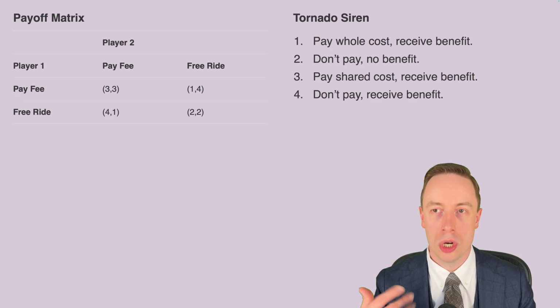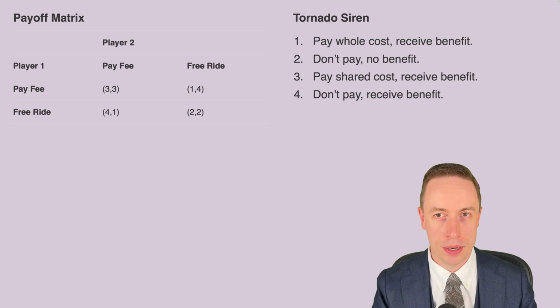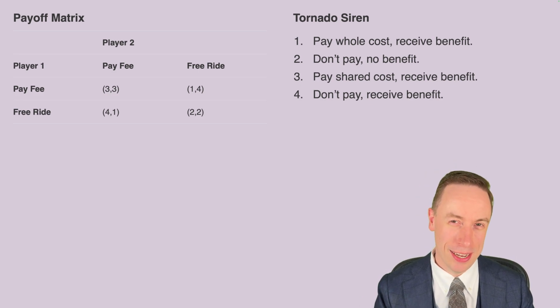Okay, what's slightly better here? Outcome number 2, you don't have to pay, but nobody else pays either. So there's no benefit. There's no tornado siren. Now, number 3, full cooperation if you want. Everybody pays their share. So the tornado siren is affordable.